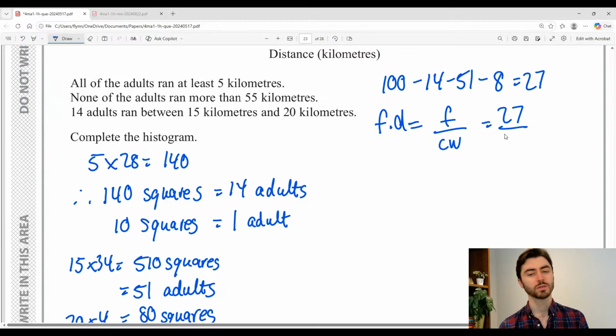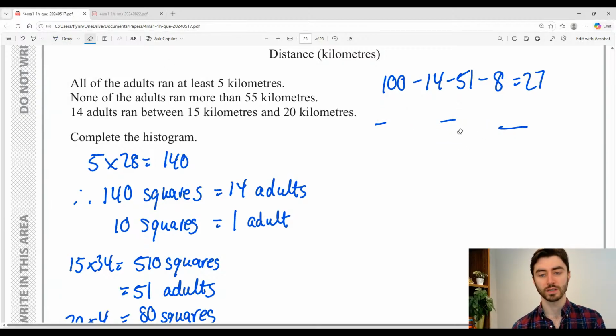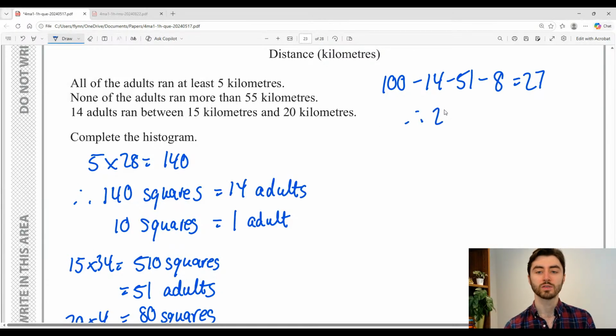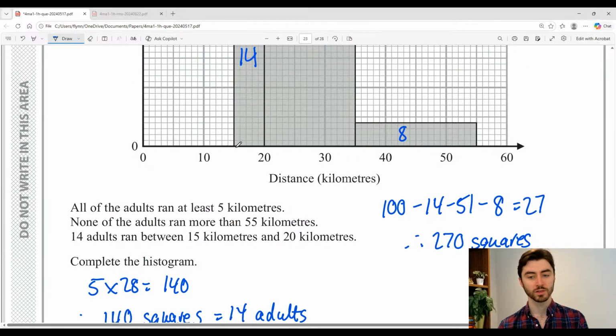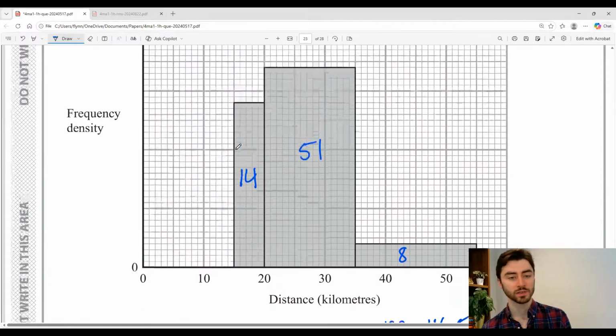Although I suppose, in fairness, I actually don't know what the scale is on the frequency density. So what I'll do instead is say 27 adults is 270 squares. And this whole thing is 10 squares wide, so it has to be 27 squares high.